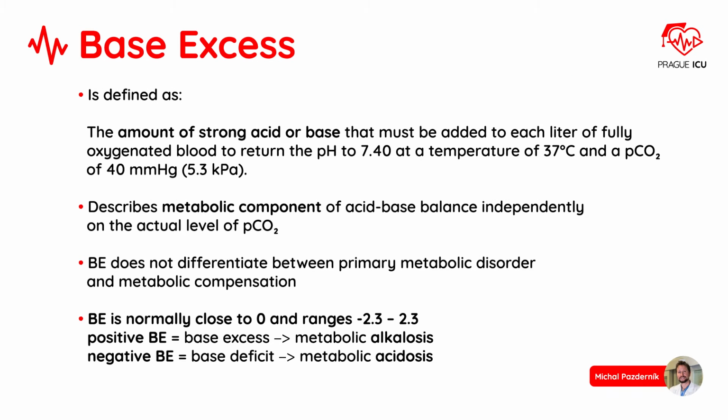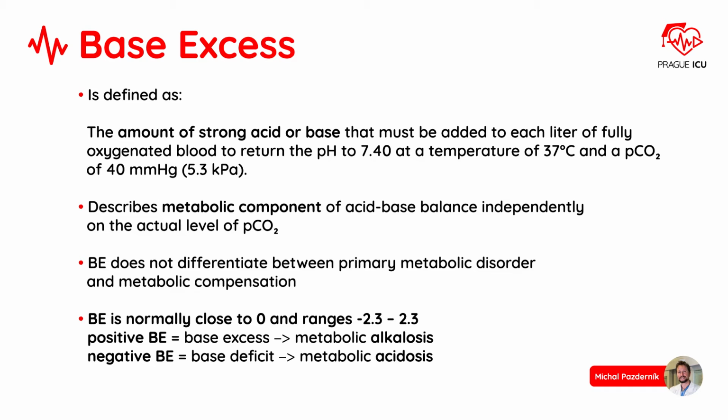What does base excess mean? Base excess is defined as the amount of strong acid or base that must be added to each liter of fully oxygenated blood to return the pH to 7.4 at a temperature of 37 degrees Celsius and PCO2 of 5.3 kilopascals. It describes the metabolic component of acid-base balance independently of the actual level of PCO2.